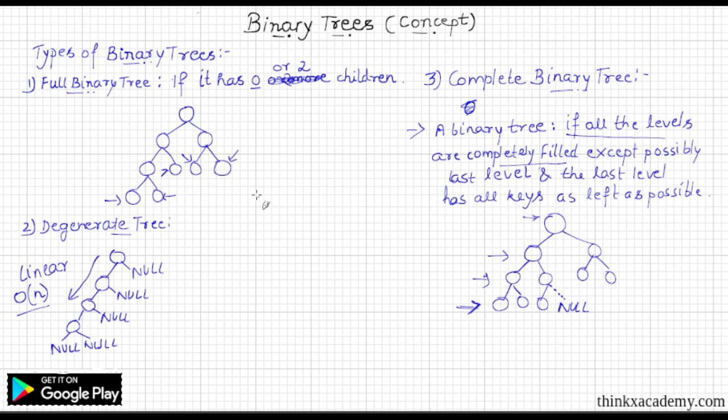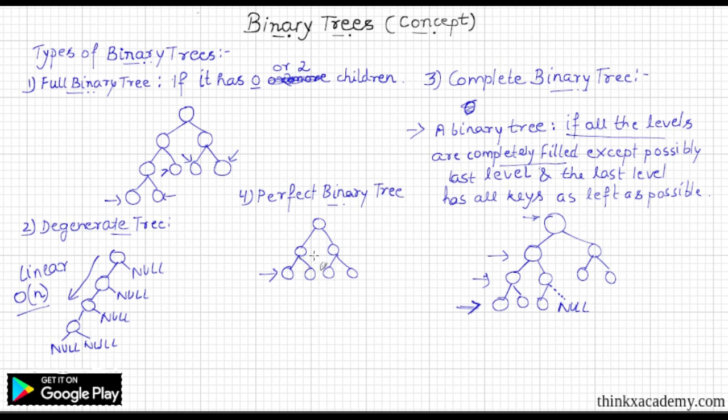So there is another type of binary tree which is known as the perfect binary tree. And a perfect binary tree has two children like this, and the last level can be leaves.